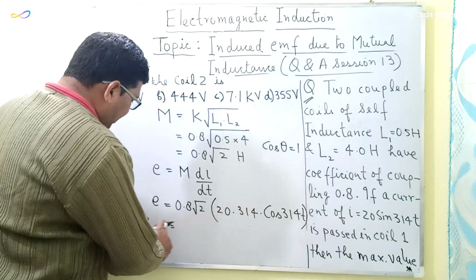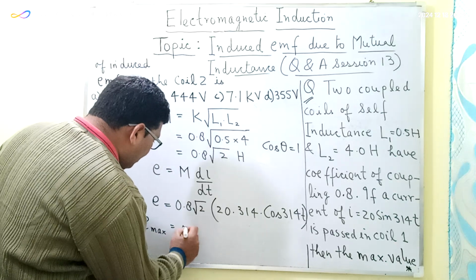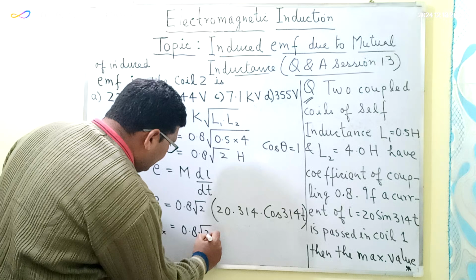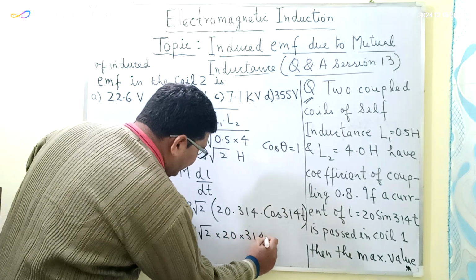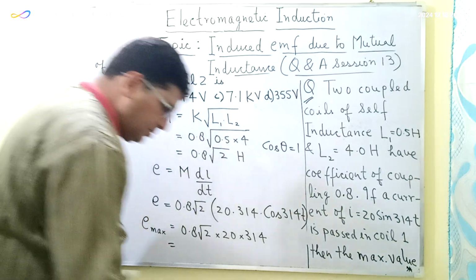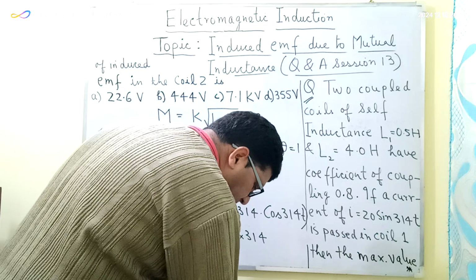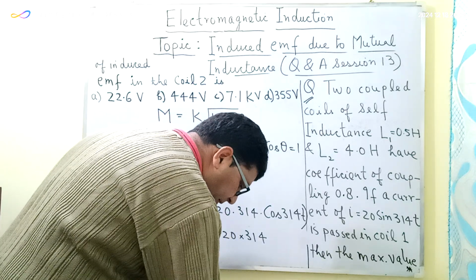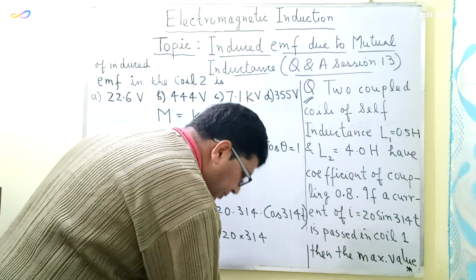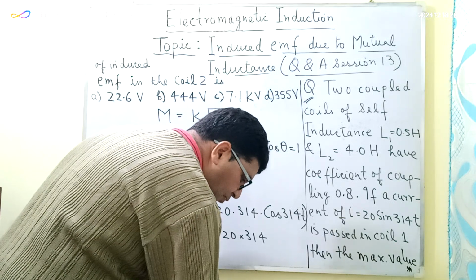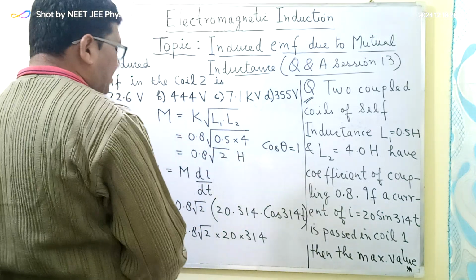So the maximum value of the induced EMF in coil number 2 will be equal to 0.8 into root 2 into 20 into 314. So this is equal to 0.8 into 1.41 into 20 into 314 volts.